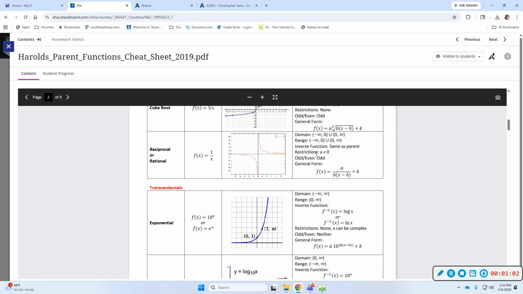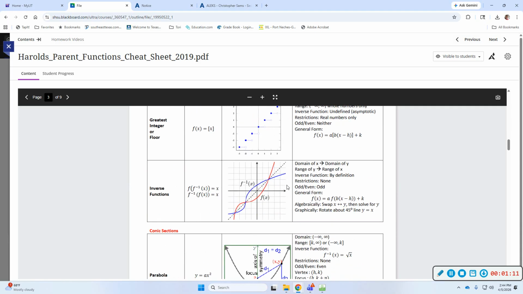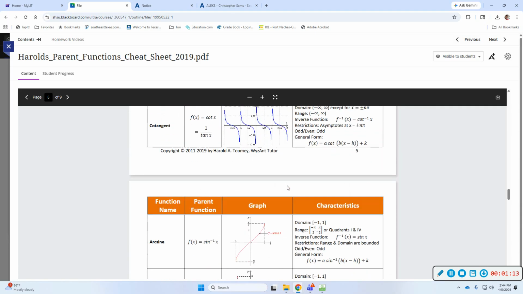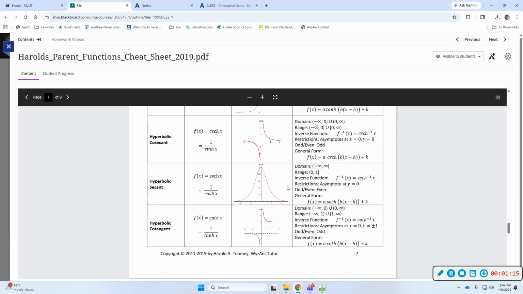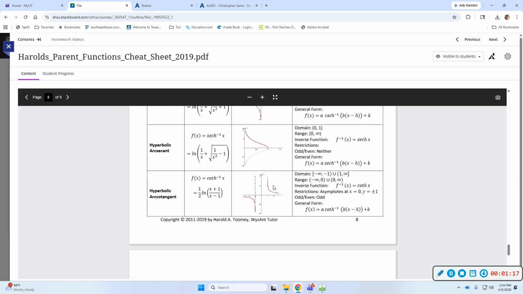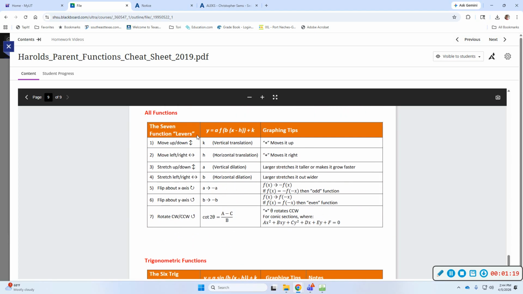If we scroll all the way down, I want you to identify the H and K. That's what I'm pointing out. It's a minus and a plus, so it's going to be the opposite sign. If I scroll all the way down, past the trig because we won't be doing trig, this is where it goes over transformation.